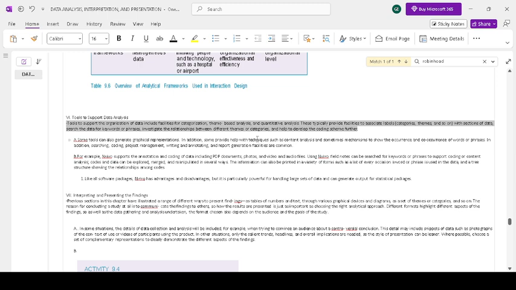So, how do you do the category analysis and the critical incidents, and then quantitative as well? These typically provide facilities to associate labels like categories with sections of data, and search the data for keywords. So you want to categorize the data in sections.